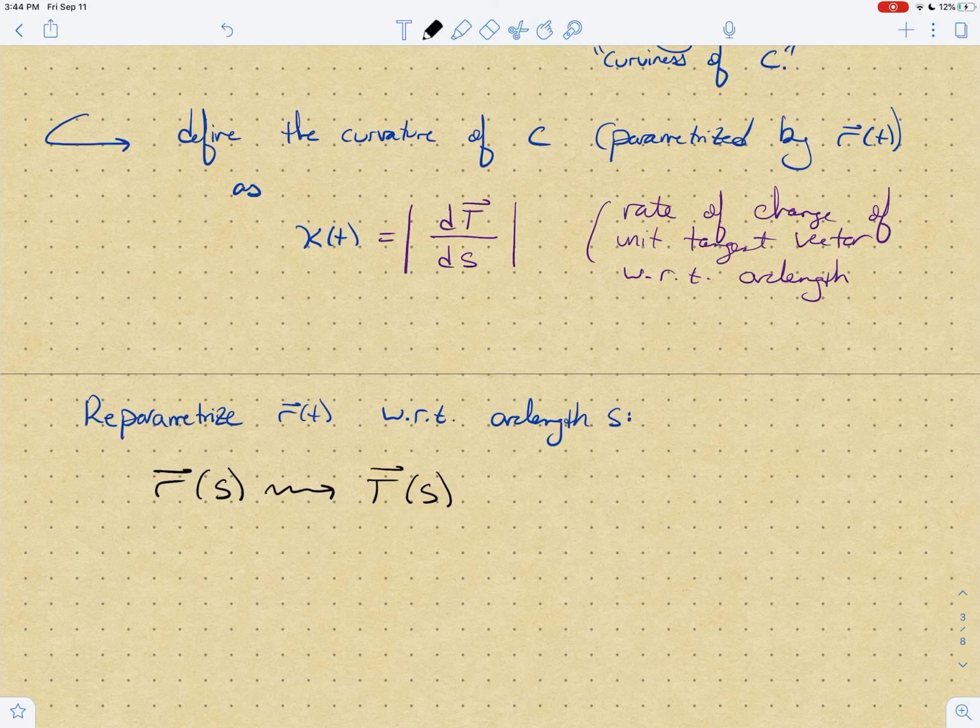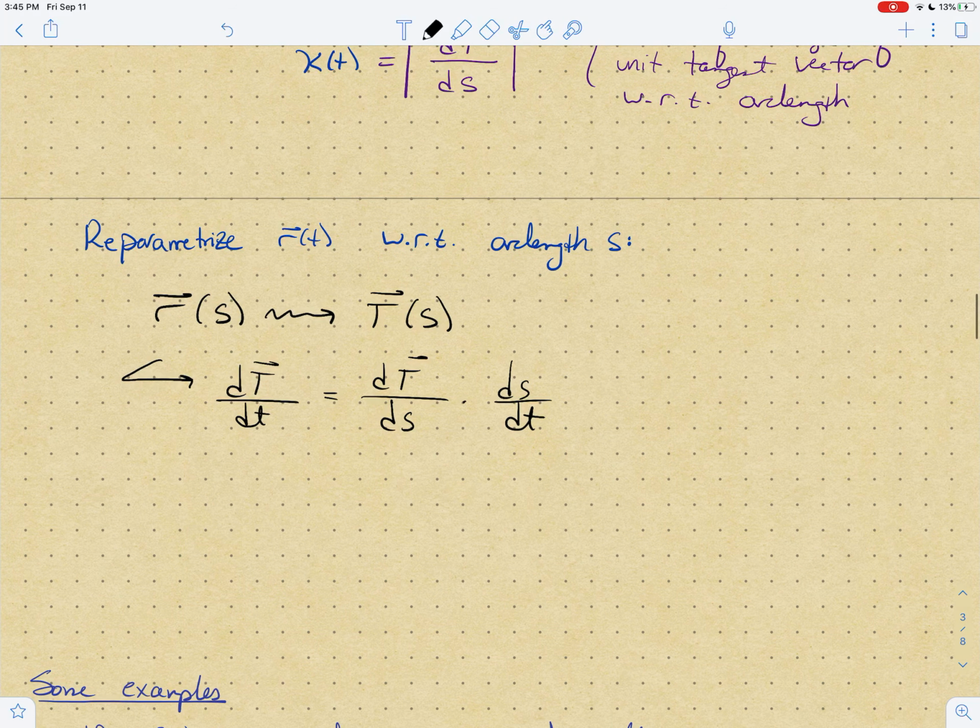And now what I want you to realize is this: if I take dT dt, take the derivative of the unit tangent vector with respect to t, using the chain rule, s is a function of t. And so using the chain rule, I get dT ds dot ds dt by the chain rule. This is classic chain rule. And so the point is, I can solve for this dT ds. That popped out right there.